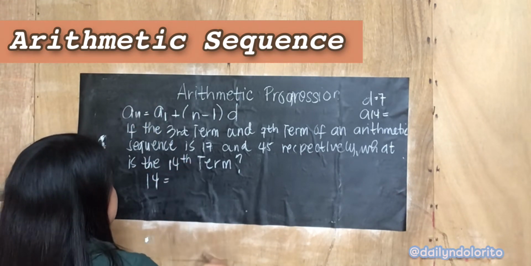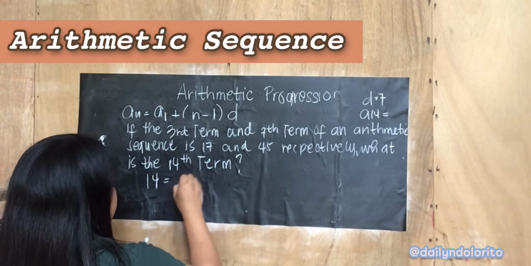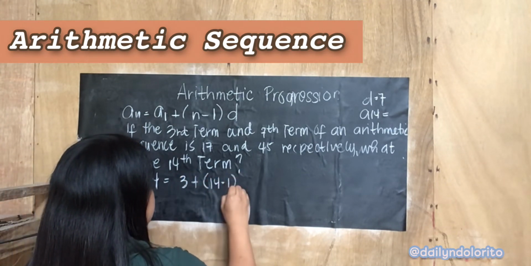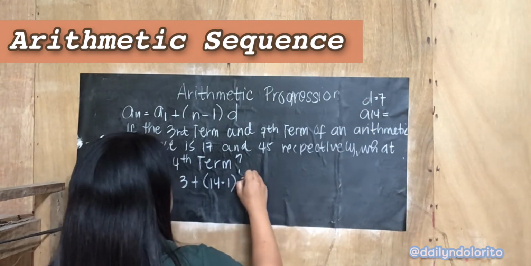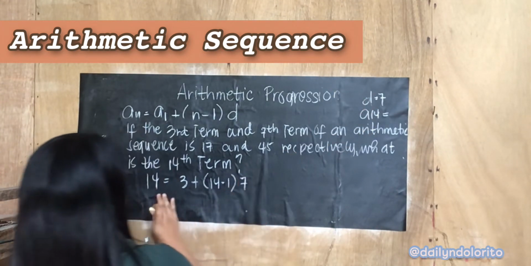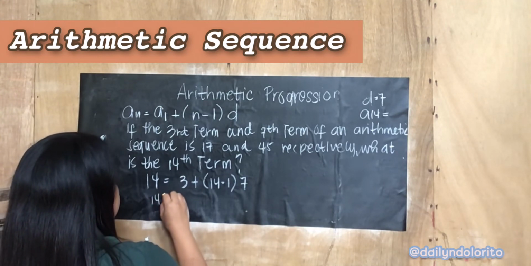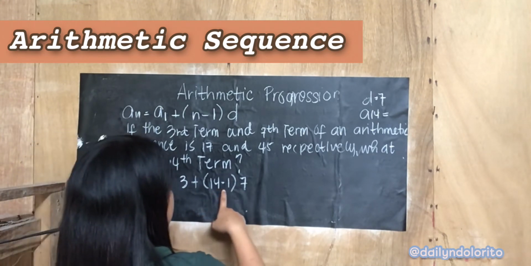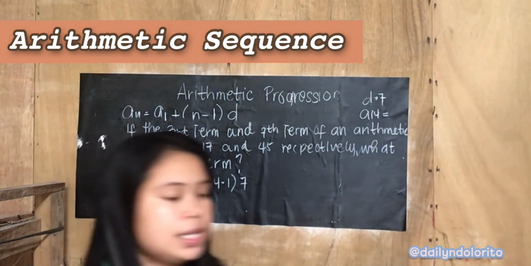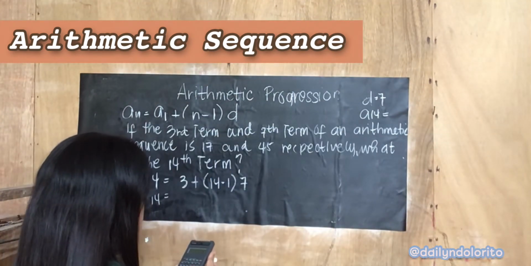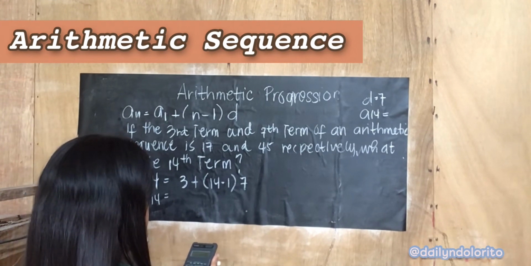Okay, so our An is, we're looking for the 14th term. Our A1 is 3, so that is 3 plus 14 minus 1, times the common difference, 7. So the 14th term equals 14 minus 1 is 13 times 7. Let's just get my calculator first. 14 minus 1 is 13 times 7.